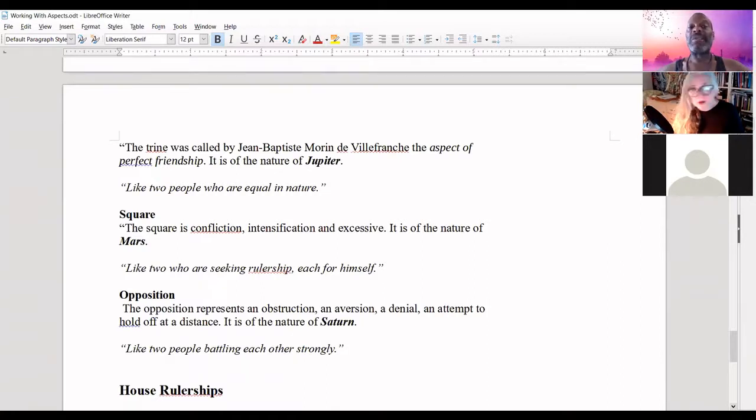Okay, the square is confliction, intensification, and excessive. It is of the nature of Mars. So challenge is a word that's often used for the square, right? Challenge and action. Action is a word I use for the square often too, because I always find that it's action that's necessary to relieve the stress that the square creates.